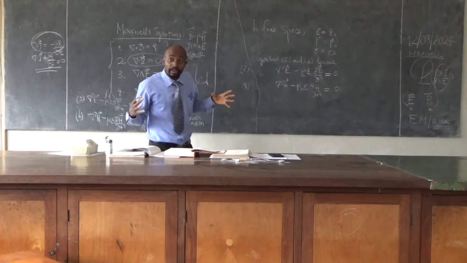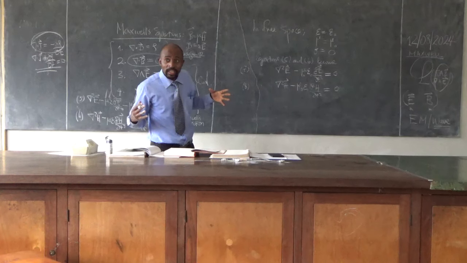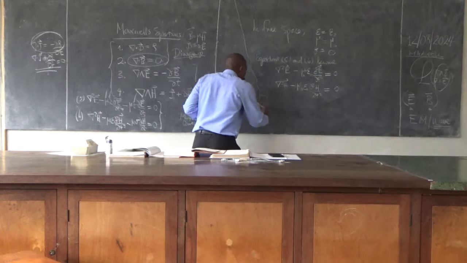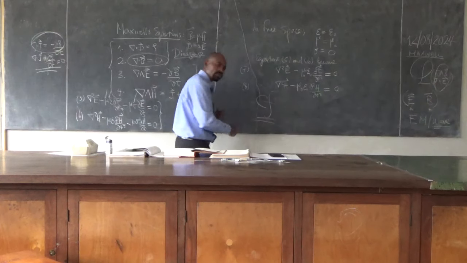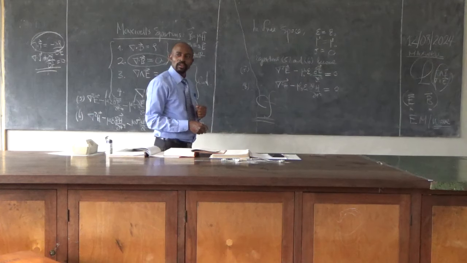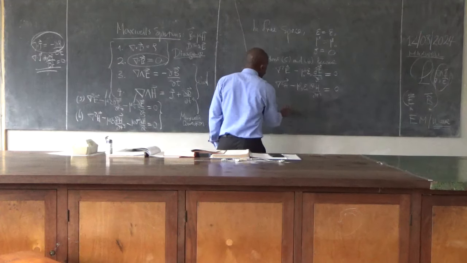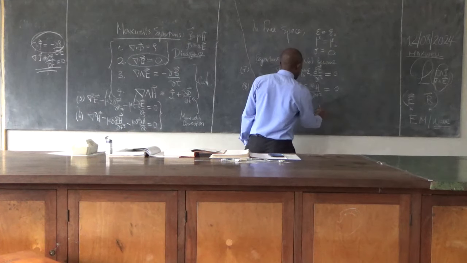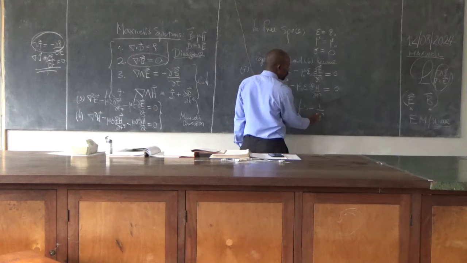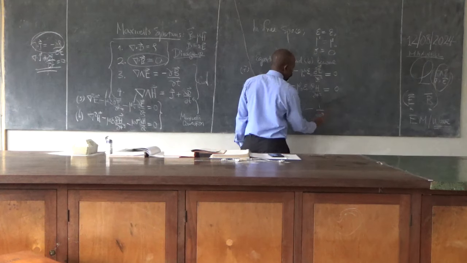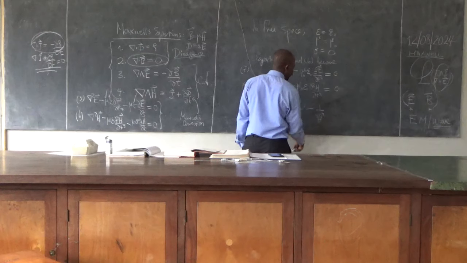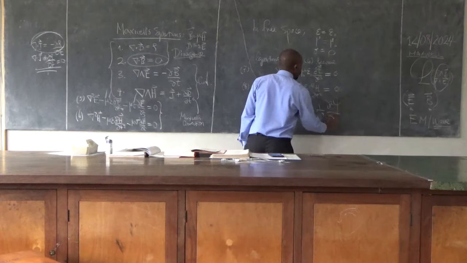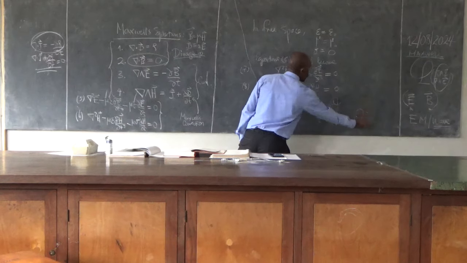Does something ring in your mind? So this is compared to the classical wave equation, which is grad squared ψ minus 1 over c squared, or we use v squared, ∂²ψ/∂t² equals 0.